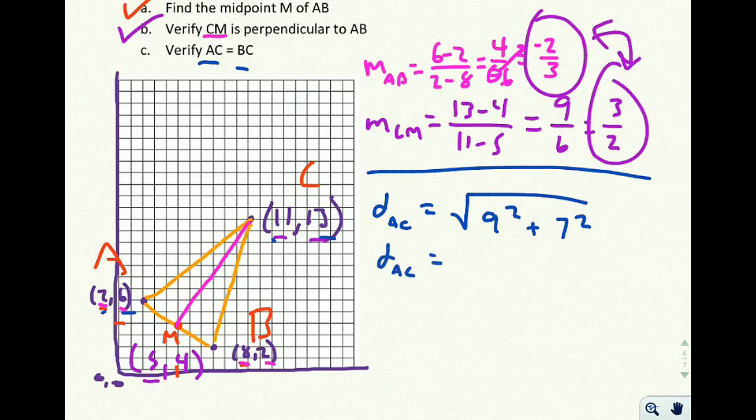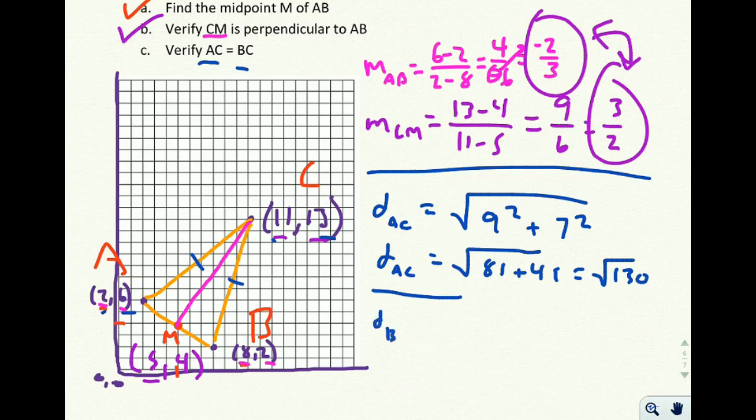We clean this up inside. Square root of 81 plus 49. Square root of 130. We don't need to plug this into our calculator to simplify it, since we're looking to see that we get exactly the same answer. We're not looking for half or anything.